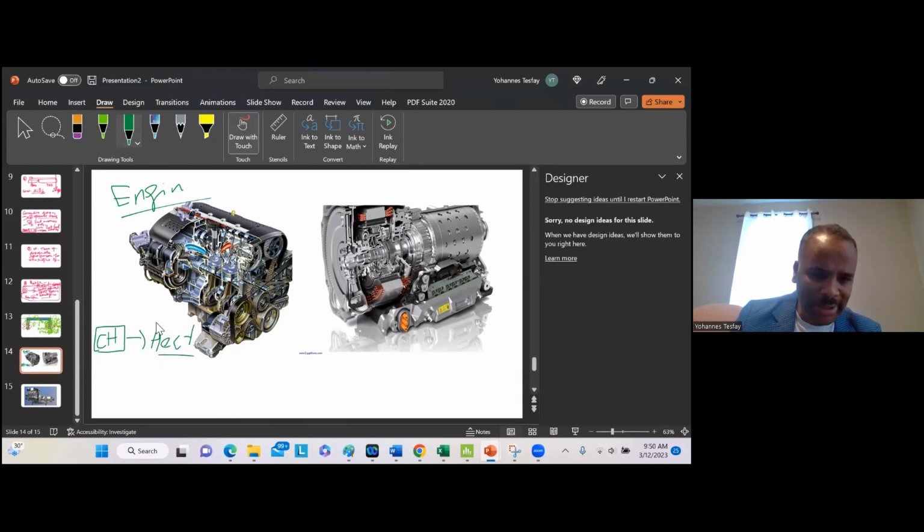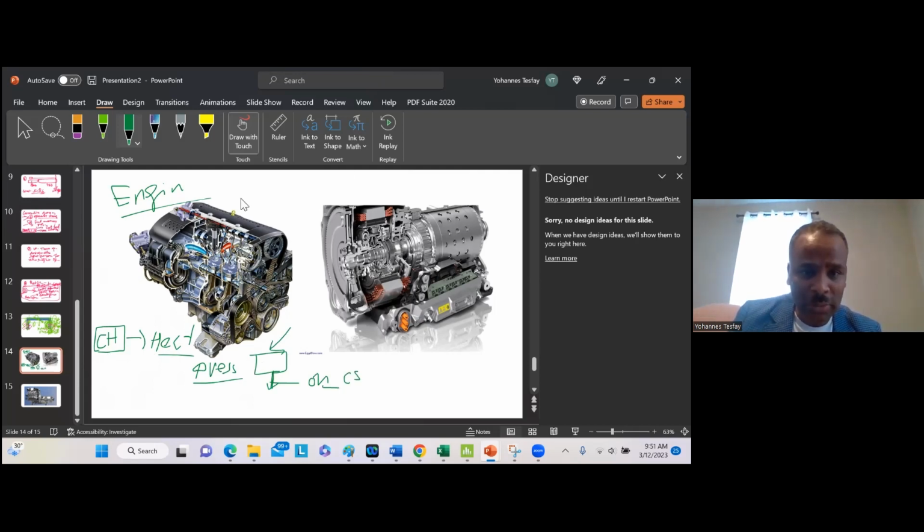Once it gets heated, it creates pressure. It creates pressure in the cylinder, which drives the crankshaft. This is the principle of how it works.